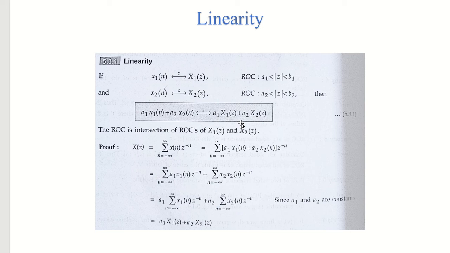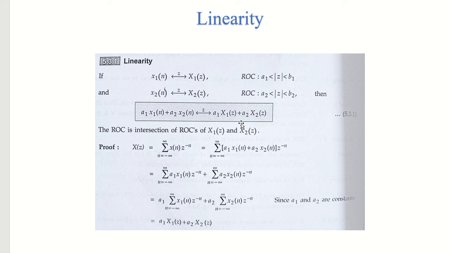Let's see how. Let's say I have a signal x1 of n and the Z transform of that signal is x1 of z. Similarly for x2 of n, the Z transform will be x2 of z. The ROC of x1 of z will be between the points a1 and b1, and the ROC of x2 of z will be between points a2 and b2.